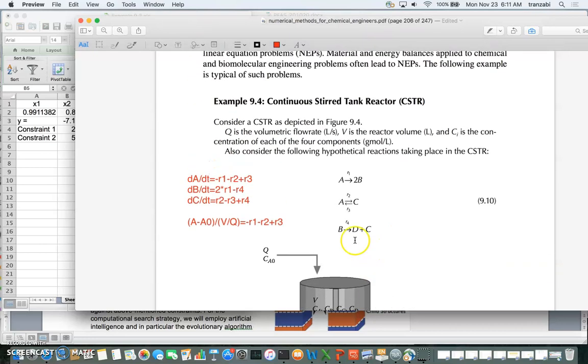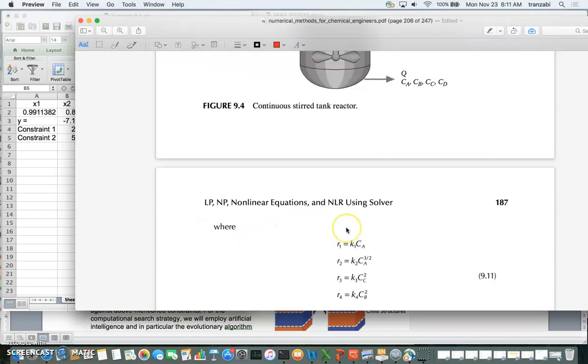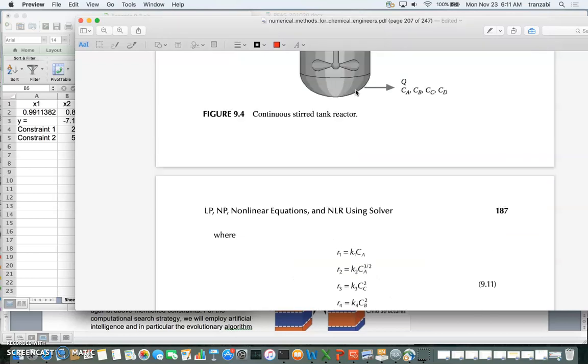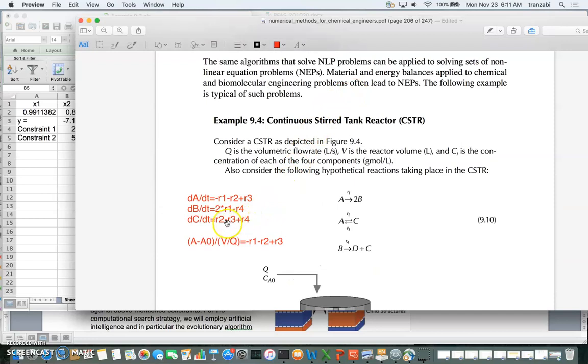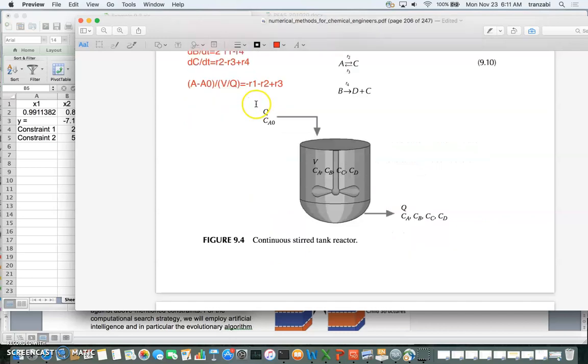And the last one, dC/dt, is going to be R2 minus R3 plus R4. Let me make sure, so it's going to be plus R2, right? So it's going to be plus R2 minus R3 plus R4.